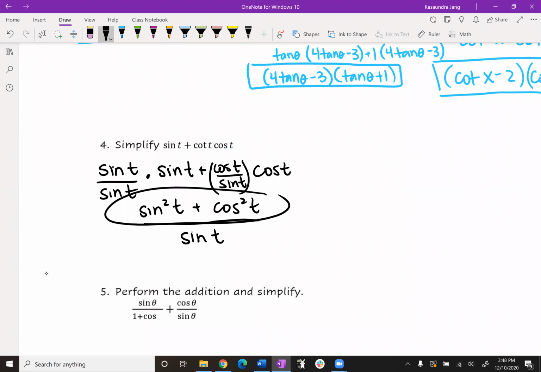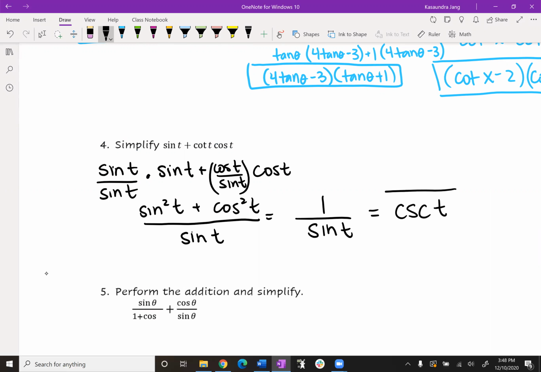This sine squared of t plus cosine squared of t, that is just a straight up 1 over sine of t. And I think the only other thing I can do is the reciprocal of sine, like 1 over sine, is the same thing as my cosecant. So this is my cosecant of t. All right, so we simplified this messy bit they started with down to a single trig function. We got down to just cosecant of t.